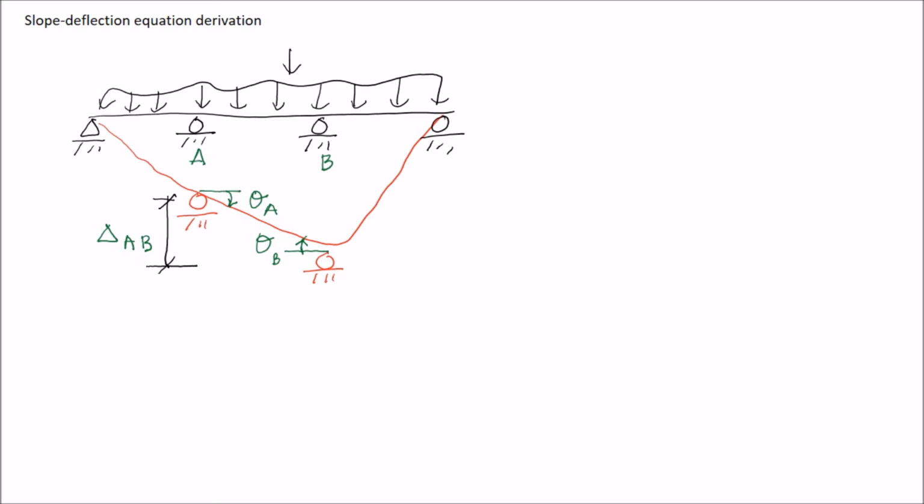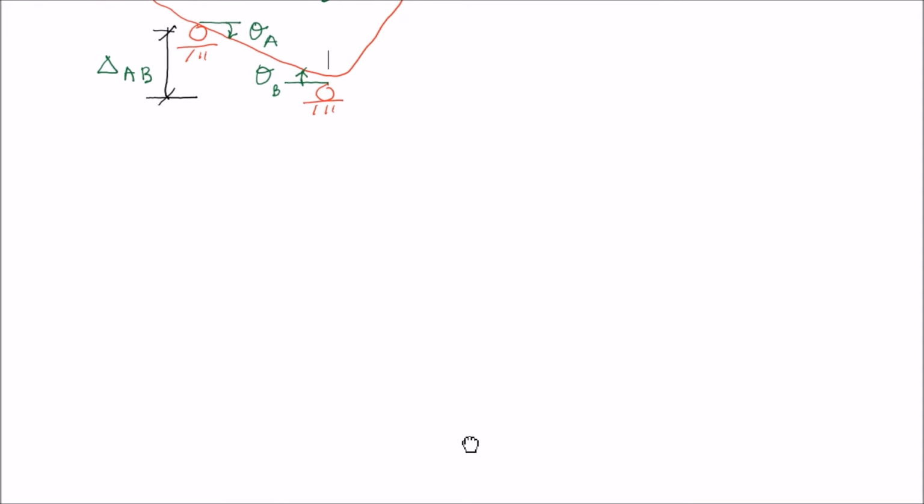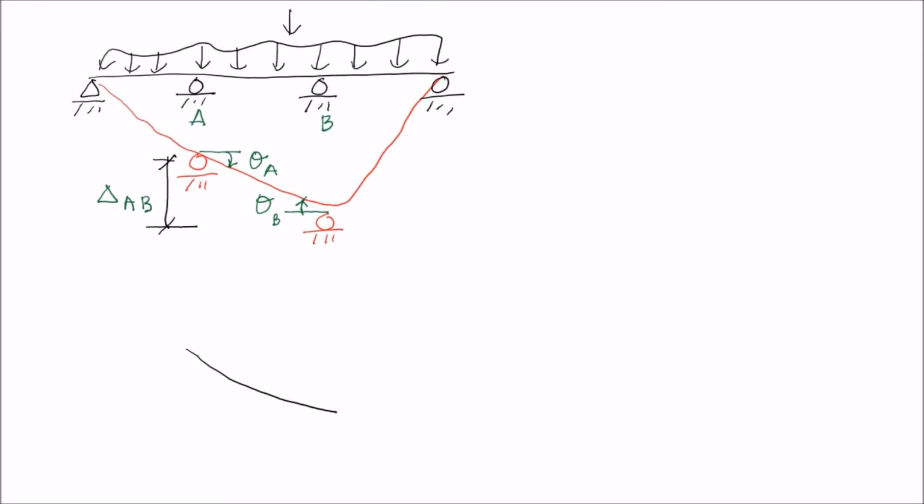So what we are going to do now is that we are going to draw the free body diagram of this problem under the given displacement and also rotation and also load. Okay, so let me just push it upwards. Okay, so imagine that your beam looks something like this. Right, and then you have some arbitrary load on it.